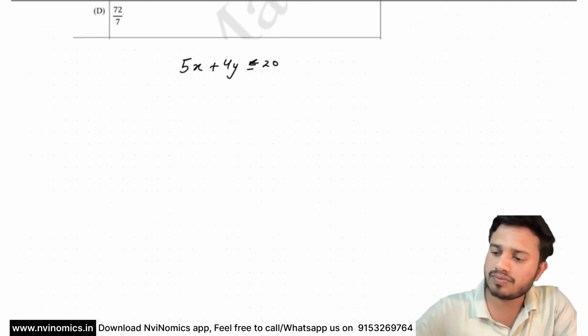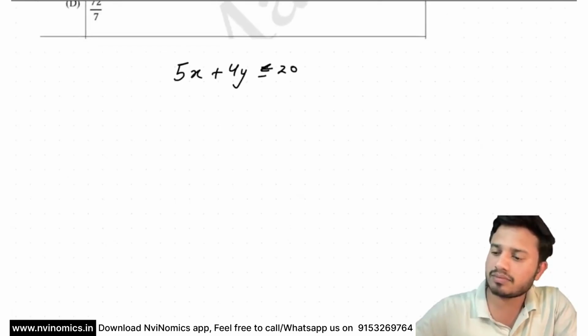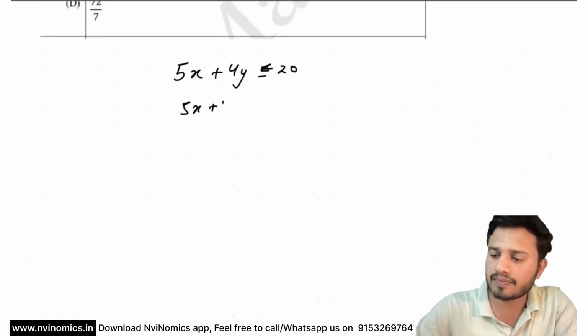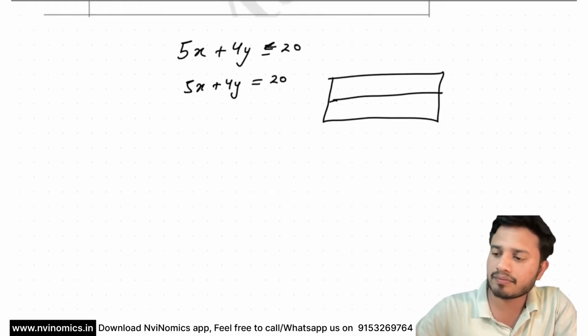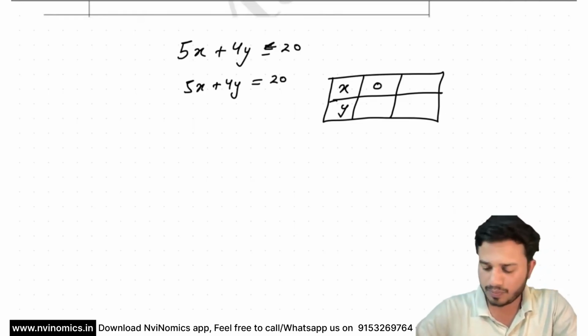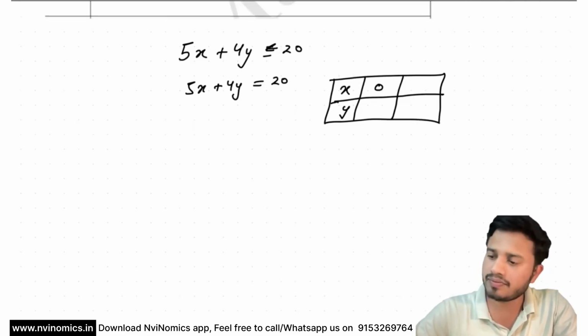For the first problem, the first thing you do is replace this inequality with equality. Then find the points where they are intersecting. Put x equals 0, the y will be 5. And when you put y equals 0, x will be 4.